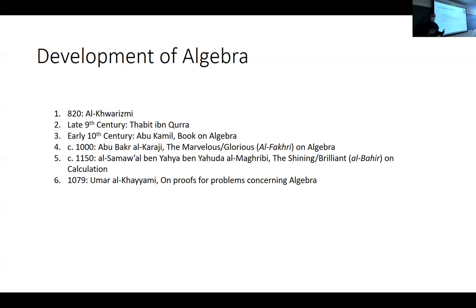Nowadays we call it a book on algebra, but of course he would call it Kitab, and algebra was Al-Jabr wa Al-Muqabala. That phrase wasn't turned into algebra until it came to Europe with the Latin translators.